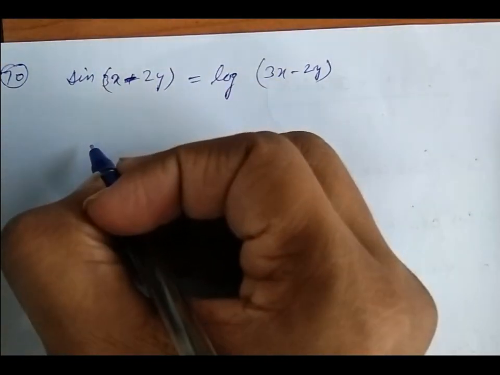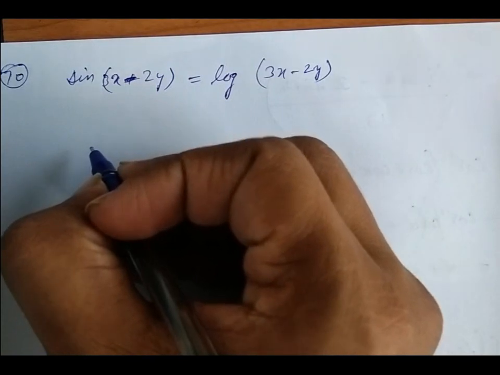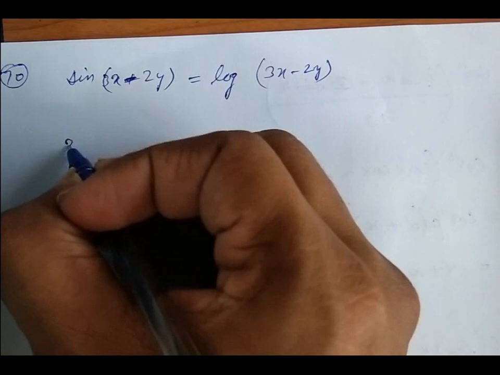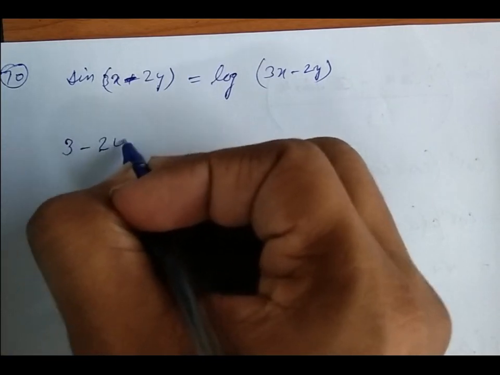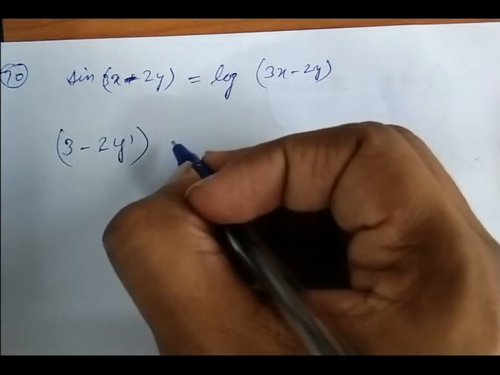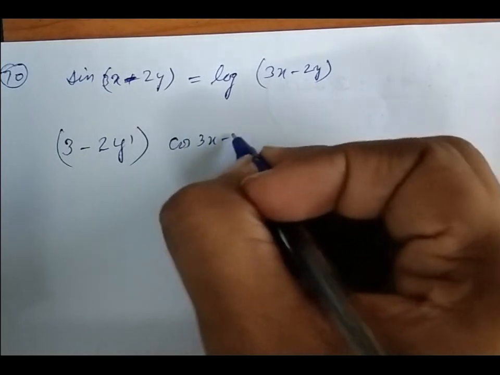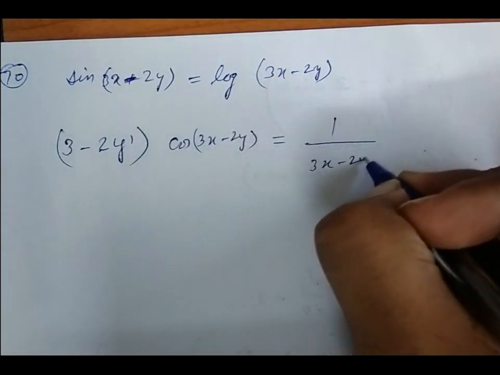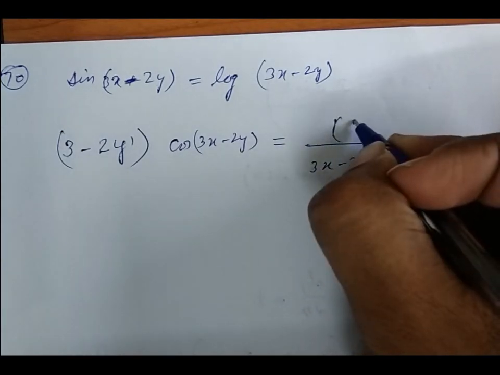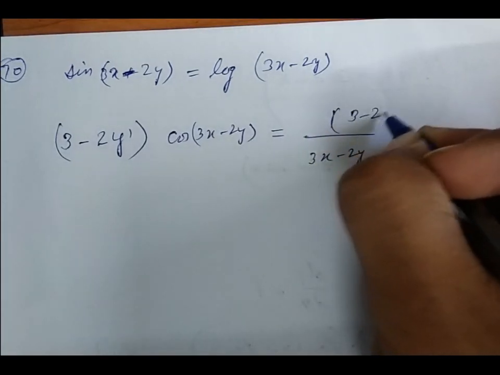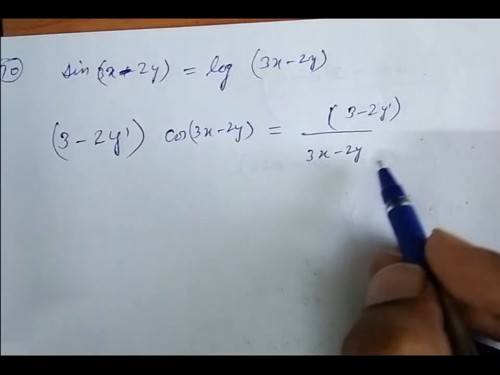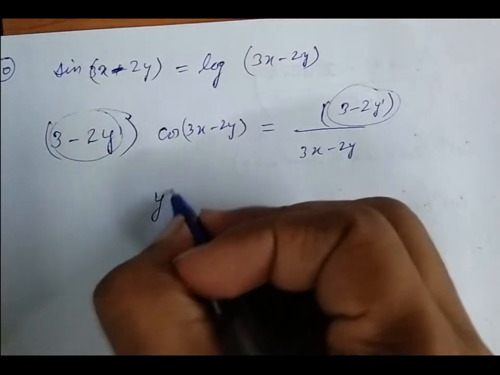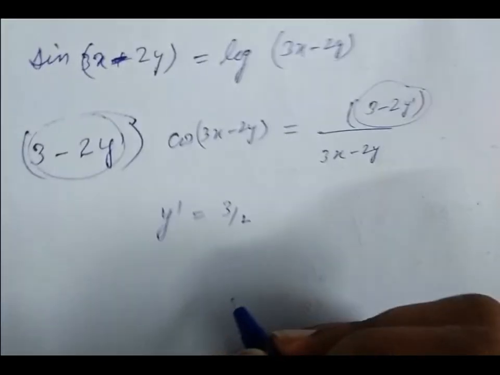So differentiate this with respect to x. So (3 minus 2y dash) cos of (3x minus 2y) is equal to 1 upon (3x minus 2y) into (3 minus 2y dash). So this quantity has to be 0, and hence y dash is equal to 3 by 2.